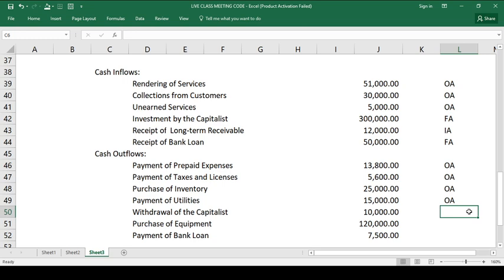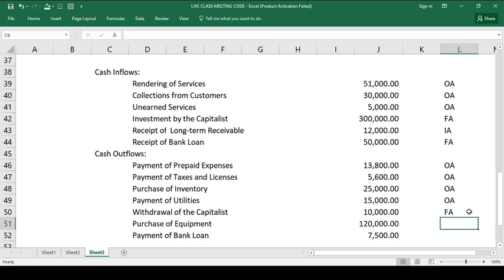Withdrawal of the capitalist, or the owner withdrew from the business organization. That withdrawal of the capitalist will affect the equity section of the balance sheet. So that is a financing activity. Purchase of equipment. You bought equipment. Take note, an equipment can be used for a long period of time, and equipment is presented as part of non-current assets.